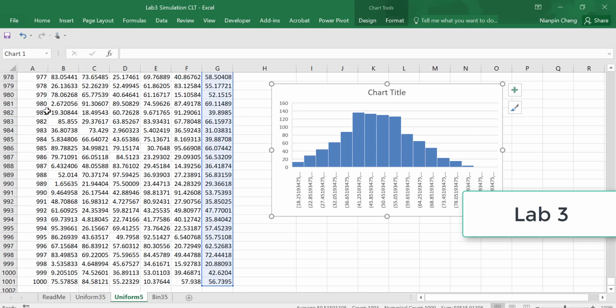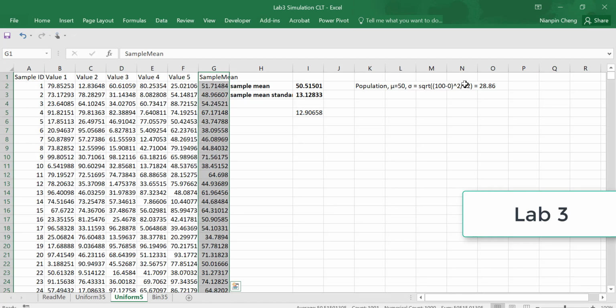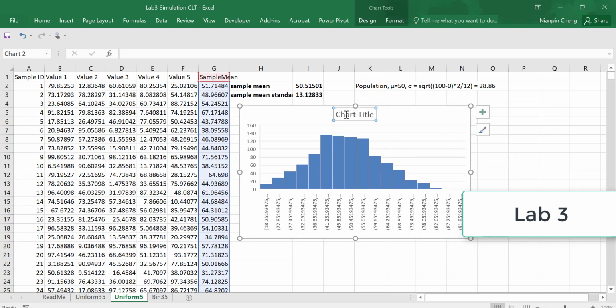You see, it automatically generates a chart, but it's around row number 900. I would like to bring it back to the beginning of the worksheet. The title we need to change to sample mean and sample size equal to 5.